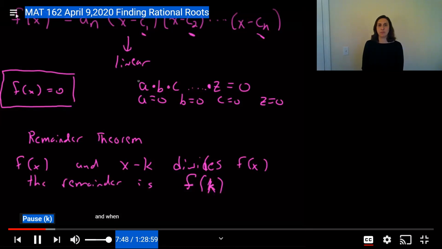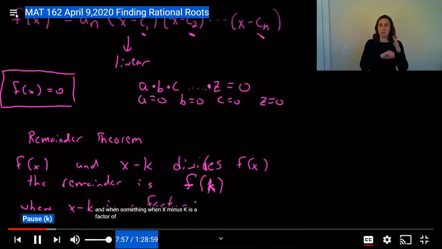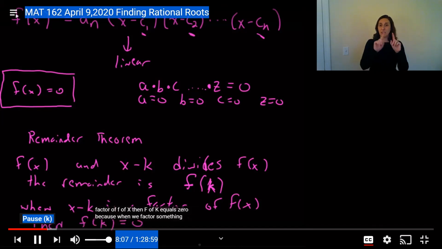And when x minus k is a factor of f of x, then f of k equals 0, because when we factor something, it doesn't leave behind a remainder.